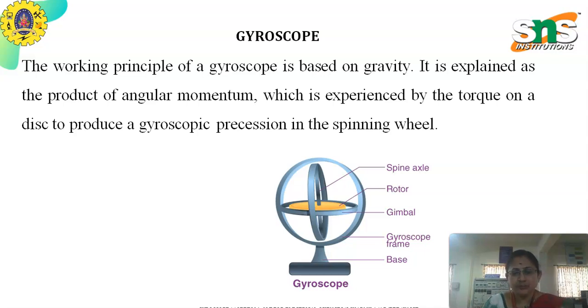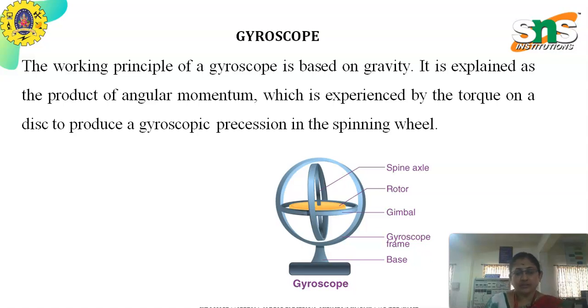First we see the construction of the gyroscope. It includes the base, and after the base it has three rotational parts: the outer circle is known as the gyroscope frame, the inner circle is known as the gimbal, and inside the inner circle is the rotor, and the central axis is called the spin axle.